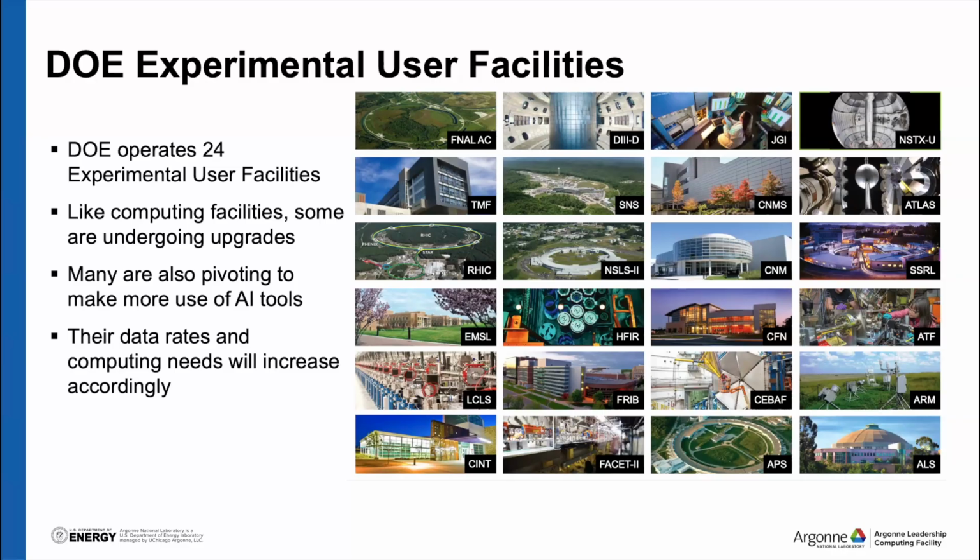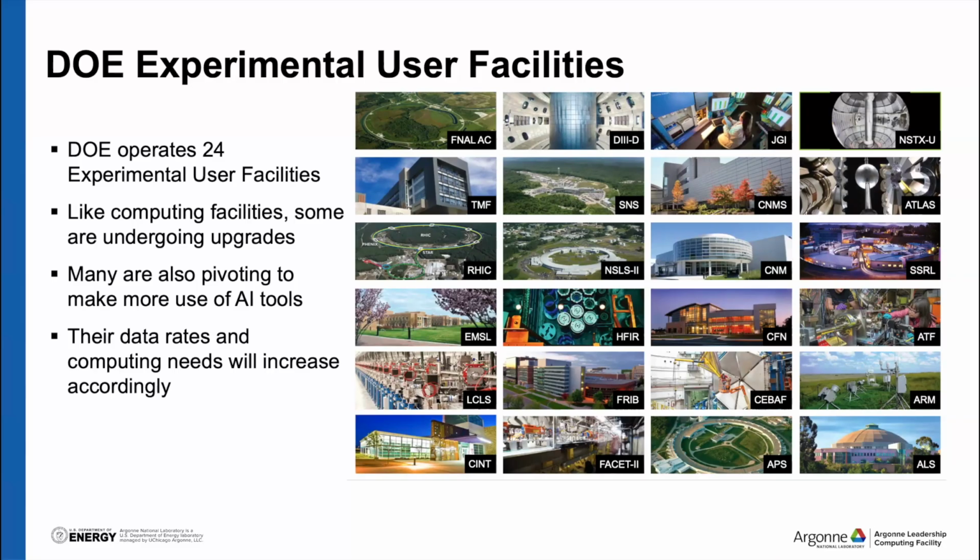So these are things like X-ray beamlines like the APS, but also there are tokamak experiments like D3D, and also data aggregation experiments like JGI, where they collect samples of genomes and offer a database as a service. But there's many others in particle physics, climate science, and more.